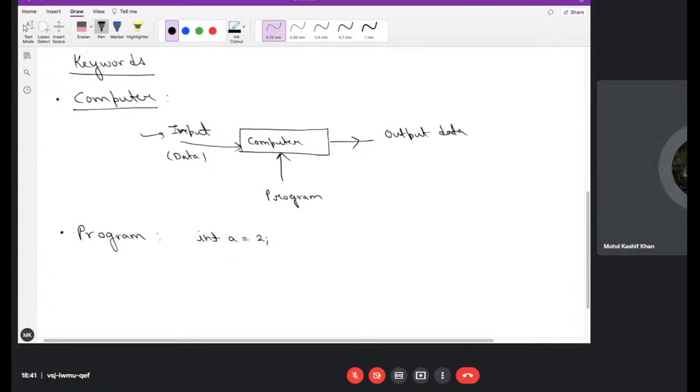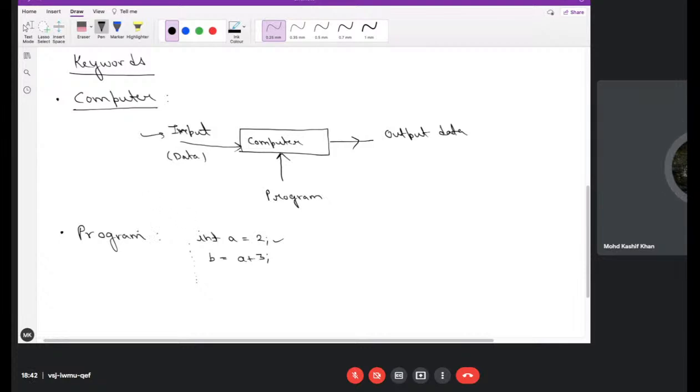So you assign the variables with some data, and there are many instructions that perform some operations. Suppose there is a variable b, and you are performing a plus 3. This is an instruction which is performing some operation, and this is the instruction which has some data. So the program is a sequence of instructions along with data, right?